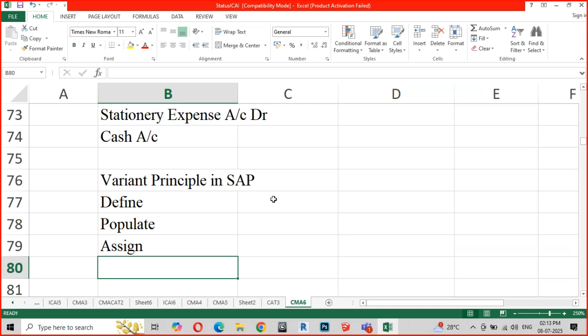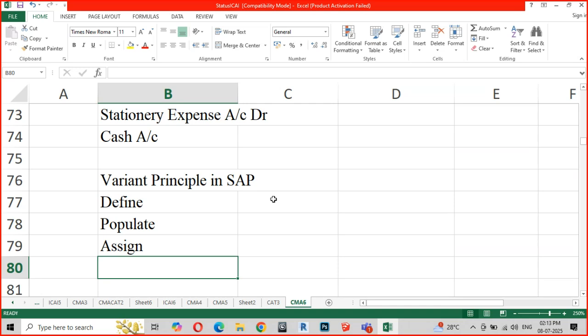What is this assign? I have defined the company code and the chart of accounts. I have also brought in the set of general ledger accounts in my chart of accounts. Now, how do I tell SAP that this company code is following this set of general ledger accounts? I'll have to tell it, right?